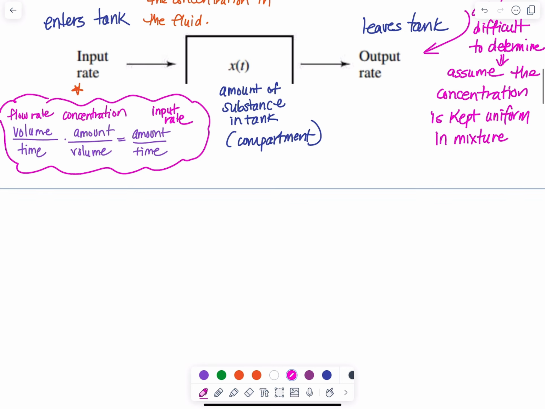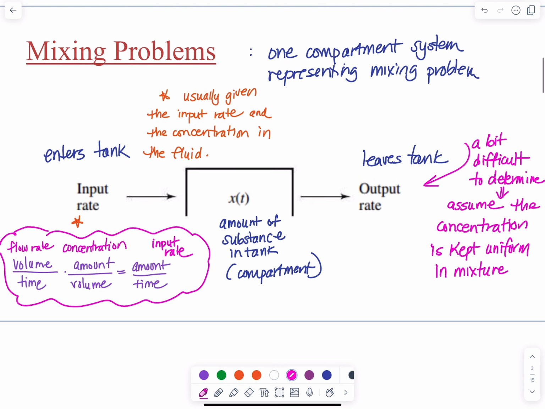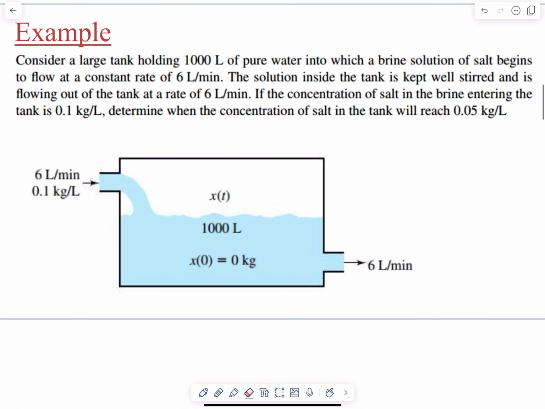Okay, so going ahead and taking a look at our first example. Here we will consider a large tank holding 1,000 liters of pure water into which a brine solution of salt begins to flow at a constant rate of 6 liters per minute.